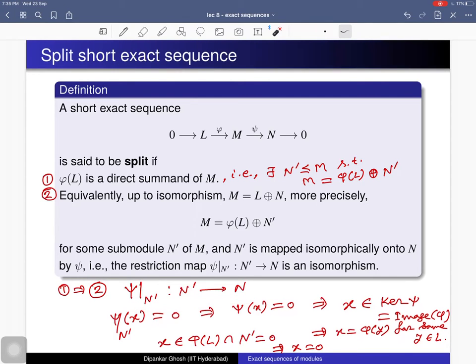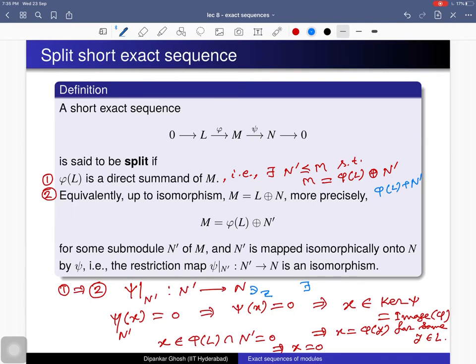Now, why is it surjective? We need to prove surjectiveness. So, you consider an element here, and we need to prove that it will have a pre-image here. Since psi is a surjective map, there exists an element of M, and M is the internal direct sum of these, that means each element has a unique expression.